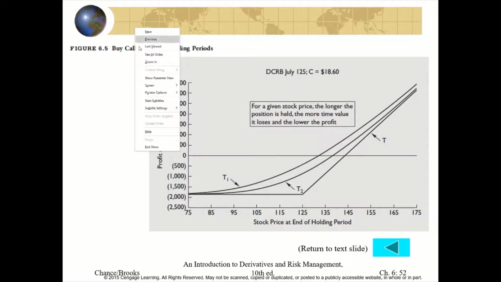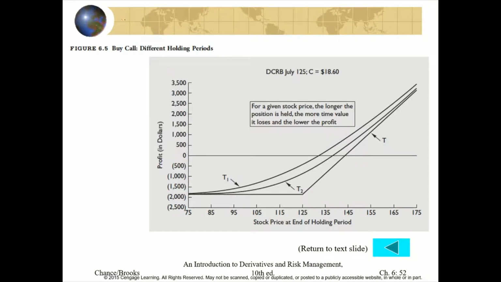Let's draw the timeline so it will be clearer. So let's say we have here time t1, time t2, and time t.